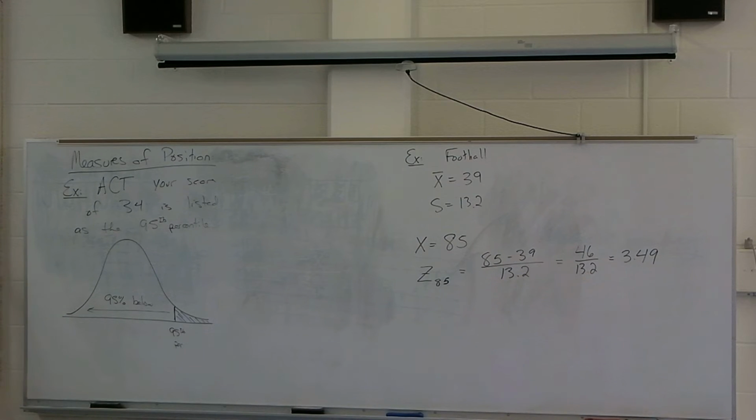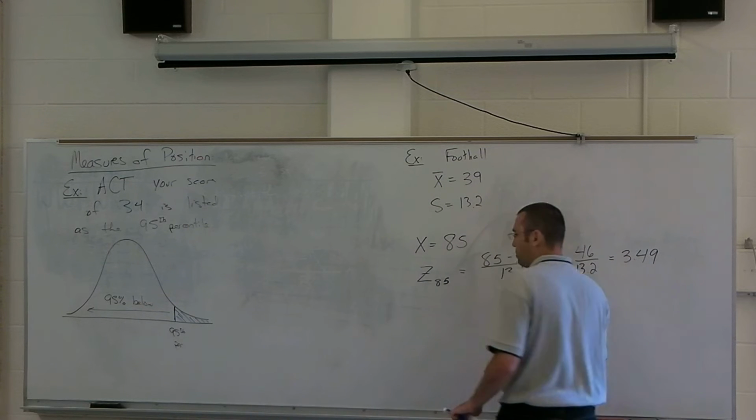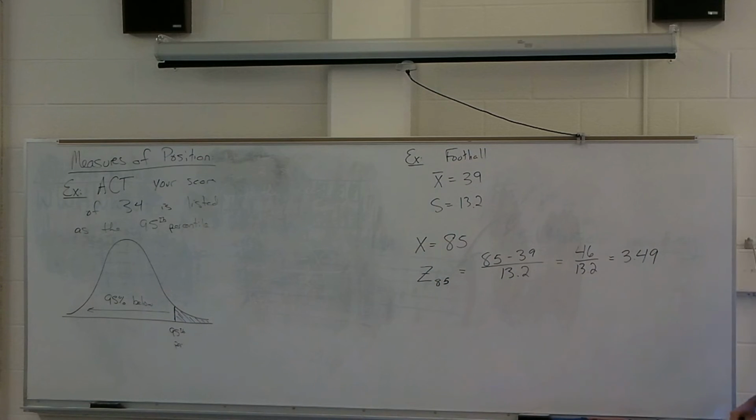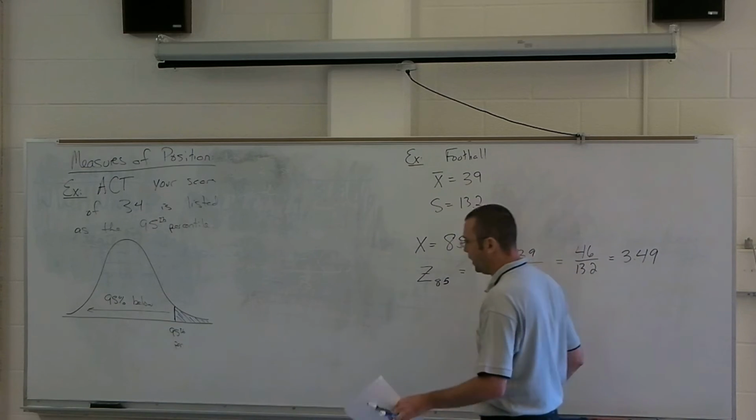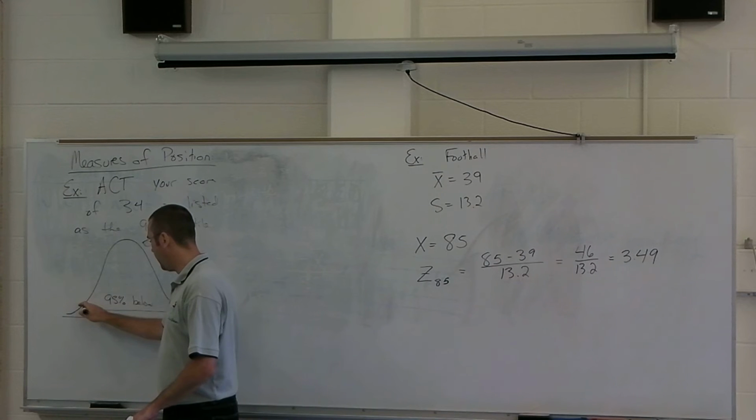Okay? So the percentiles are a way of measuring your position along this distribution. If I was to talk about the 5th percentile, well, the 5th percentile would be down here somewhere.